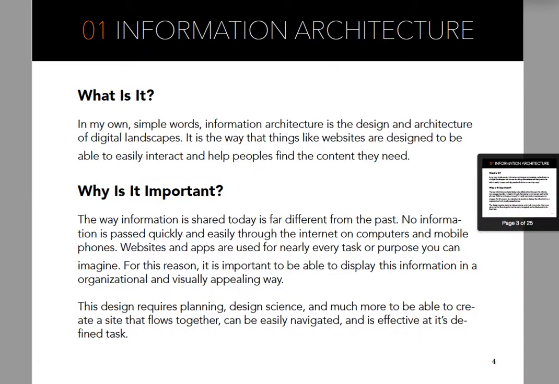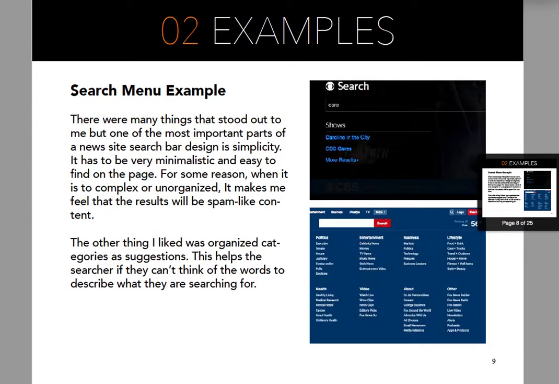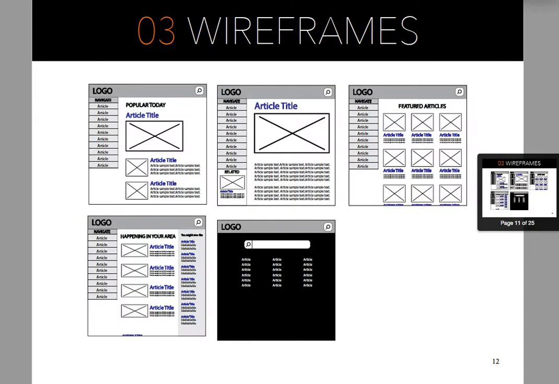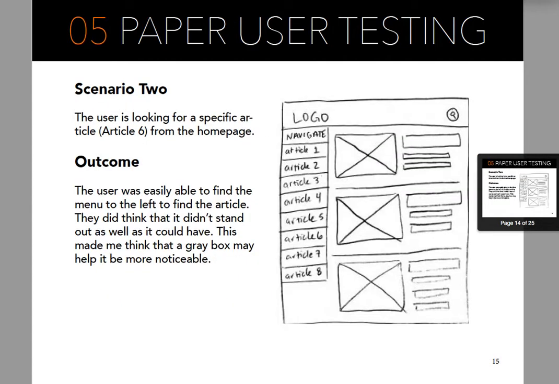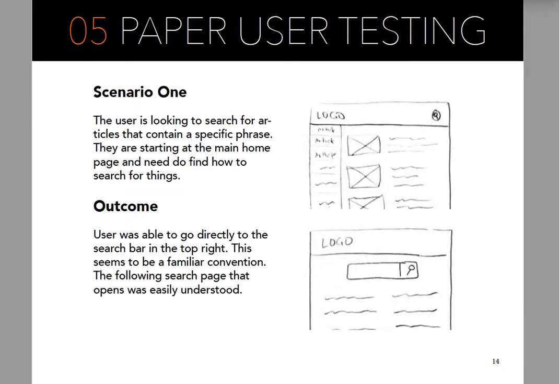So as I scroll down to my user testing, you'll see some of the biggest problems that I ran into was helping people navigate through this website, and I tried to use a lot of typical conventions to help people know exactly where they should go.